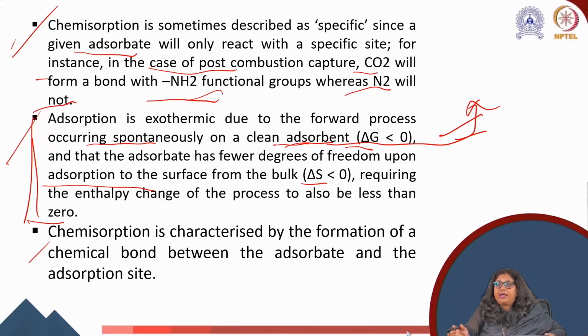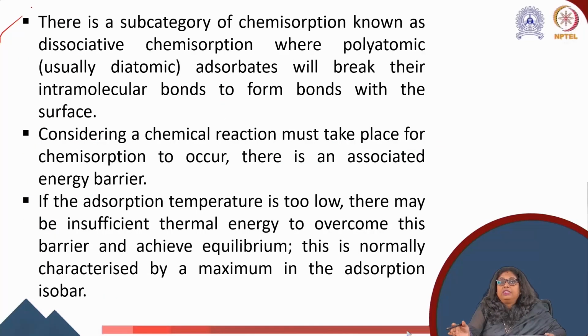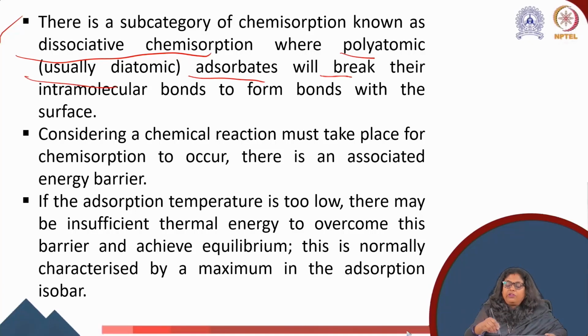Chemisorption is characterized by the formation of a chemical bond between the adsorbate and the adsorption site. There is a subcategory of chemisorption known as dissociative chemisorption, where polyatomic or usually diatomic adsorbates break their intramolecular bond to form bonds with the surface.